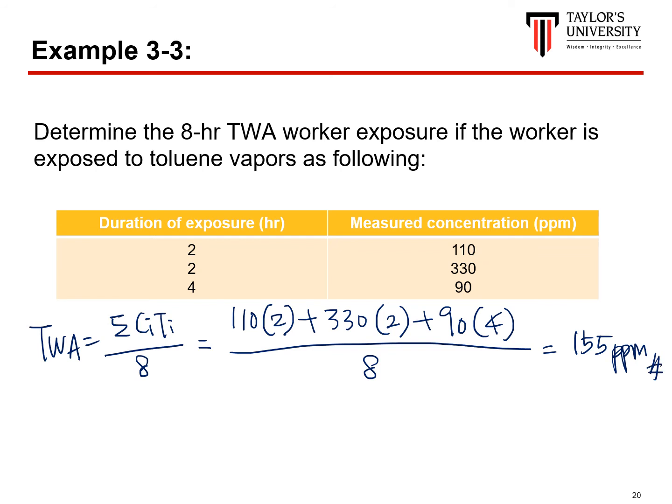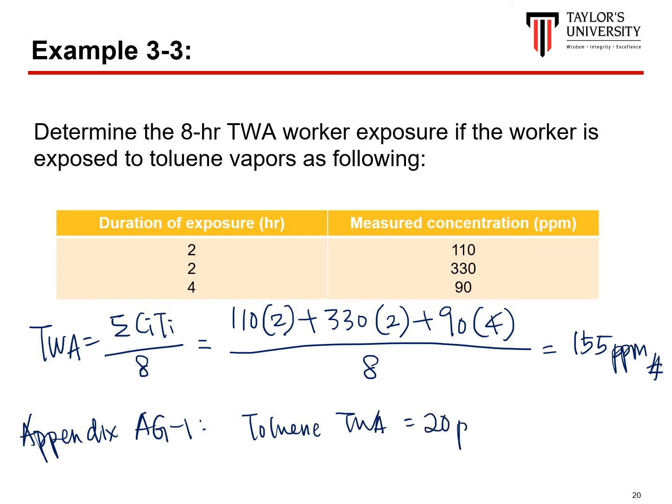So let's go to appendix G-1. You will find that toluene has a TWA value of 20 ppm. So in that case, this value is way larger than 20 ppm.